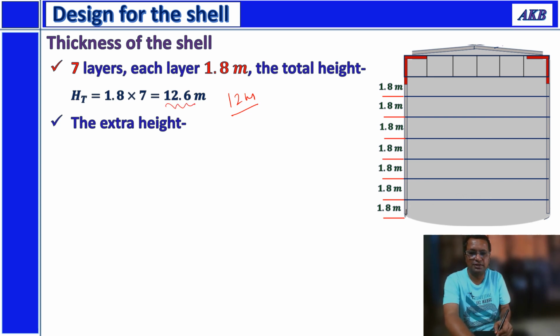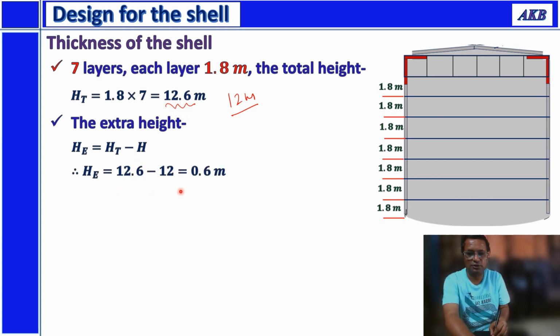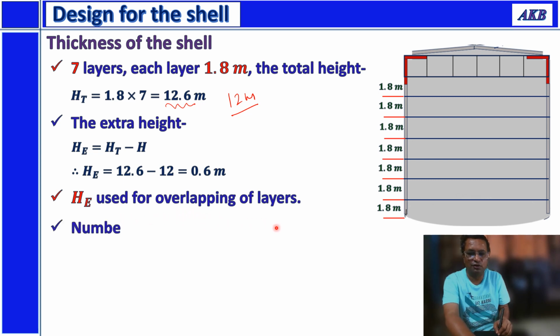What to do with this extra height? The extra height is the total height which we calculated, 12.6 meter, minus the height of the tank, that is 12.6 minus 12, which comes out to be 0.6 meter. This extra height we are going to use for overlapping of layers. For each layer there will be one overlapping.